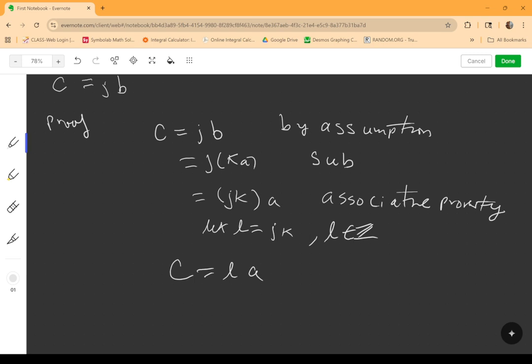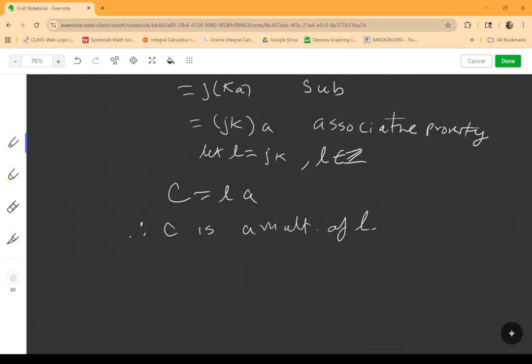So what we have at the end is C is some integer L times A. In other words, C is a multiple of A. Therefore, by definition, C is a multiple of A. Sometimes you'll see a little filled-in box at the end of proofs, and sometimes you see QED.